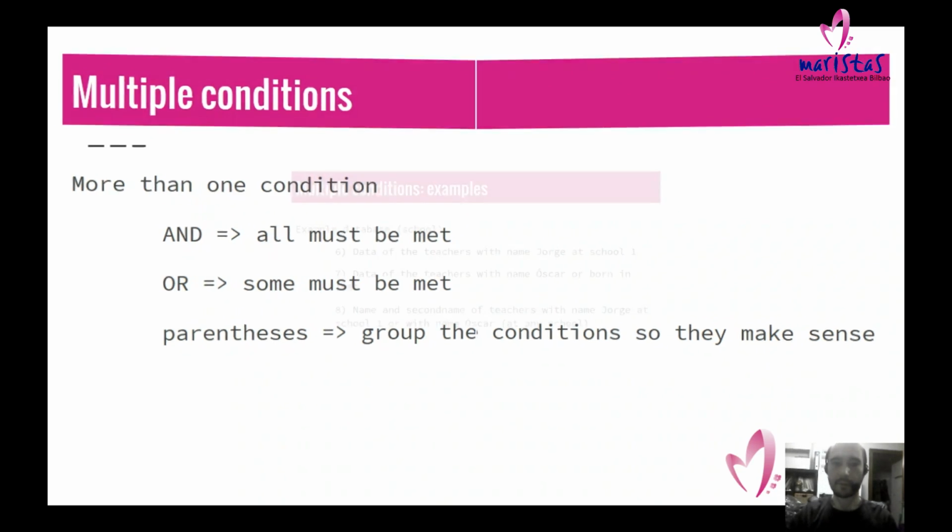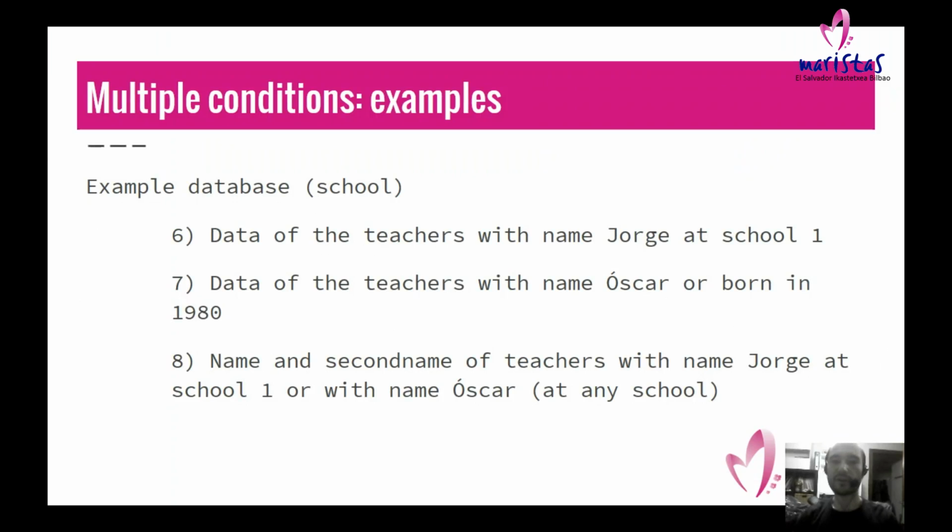Let's do some examples. First of all, I want to get all the data of the teachers with name Jorge working at school 1. So here I've got two conditions, and both must be met: name must be Jorge, and they must work at school 1.